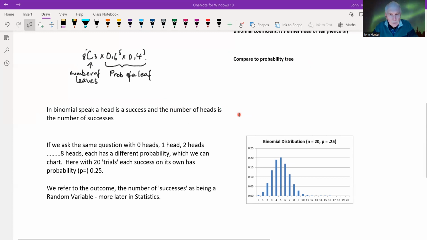Okay, so let's just look at this last bit here. If we ask the same question with no heads, 1 head, 2 heads, 8 heads, each has a different probability. So what is the probability, with this biased coin, this unfair coin, of getting no heads out of 8 flips?